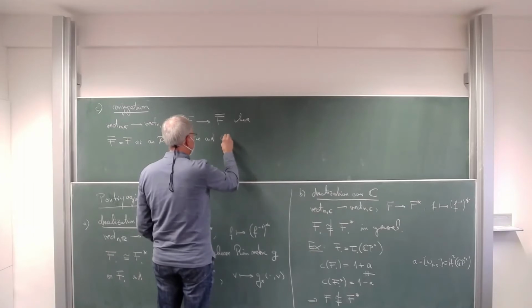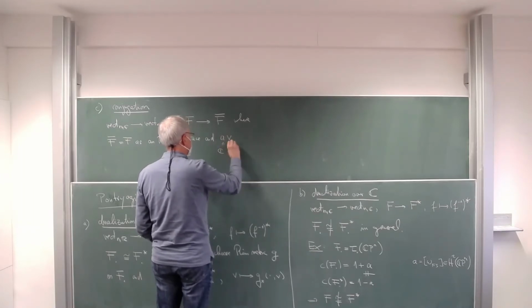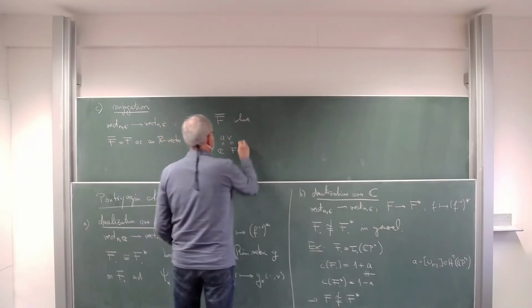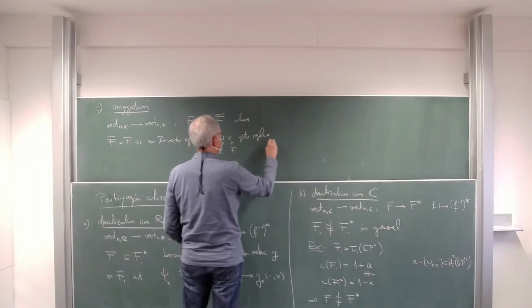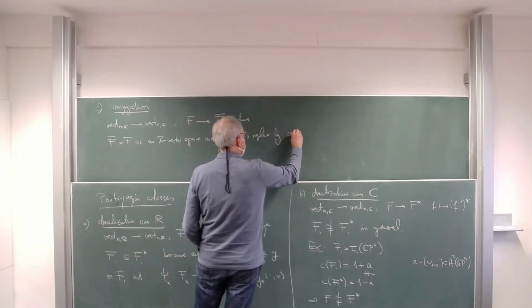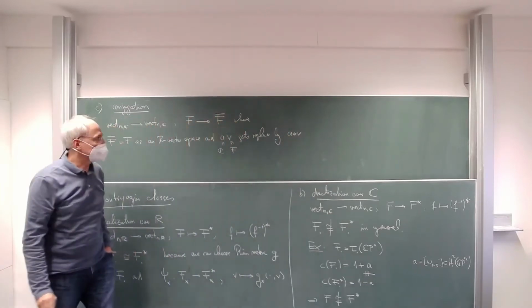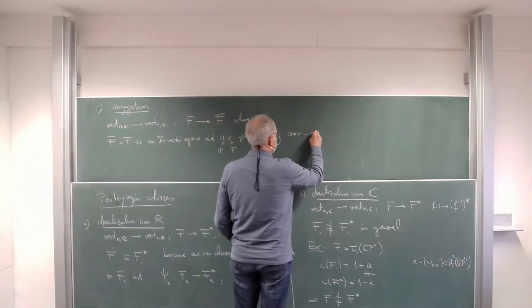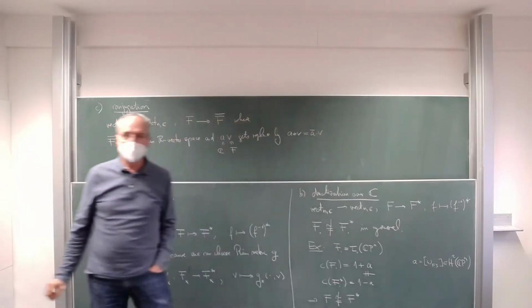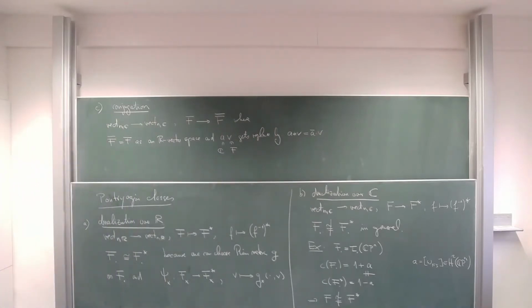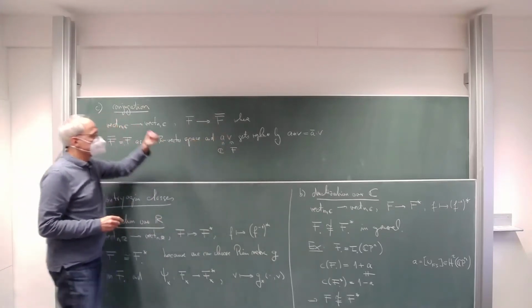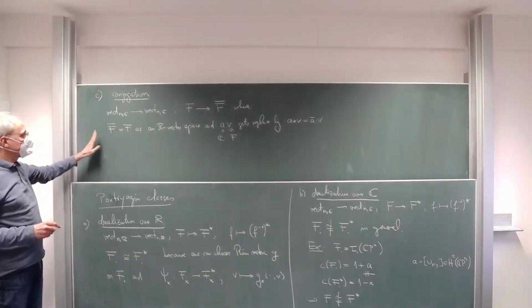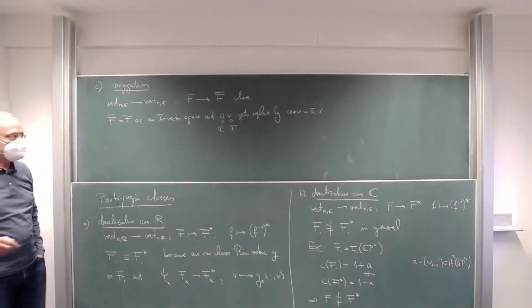A times V, where A is a complex number and V an element in the vector space, gets replaced by A star V, which is defined as A conjugate times V. So the multiplication by i is replaced by minus its multiplication. And this is an abstract construction that you can perform, and this is the conjugate space.